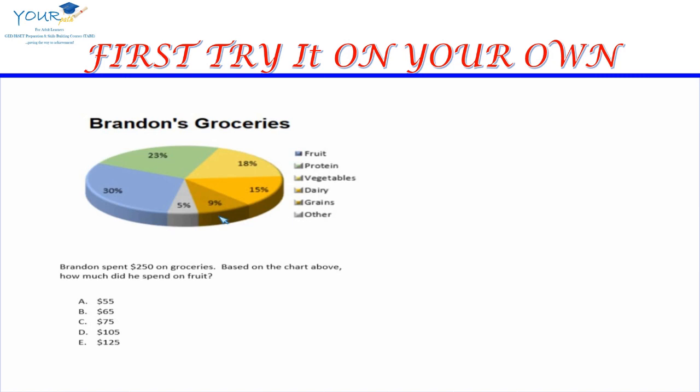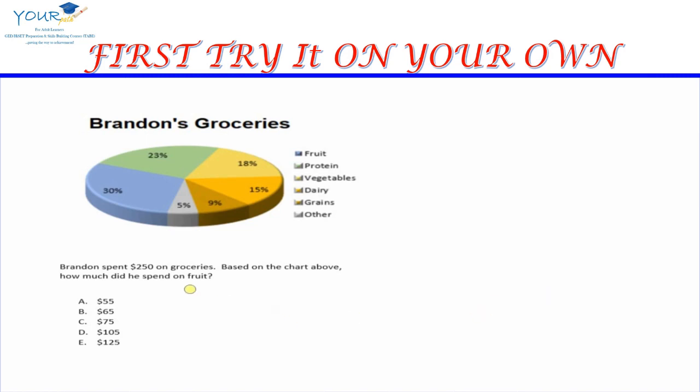So now that we have familiarized ourselves with the chart, the next thing we need to do is revisit our question. Once again, the question states, Brandon spent $250 on groceries. Based on the chart above, we're going to use this information to determine how much he spent on fruit. So we want to identify the information available to us.